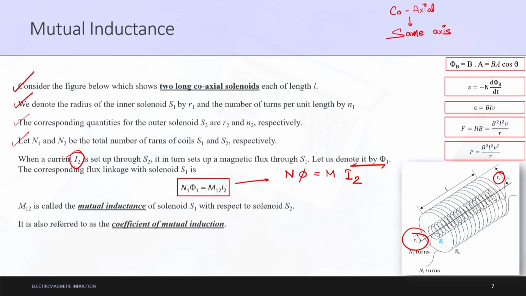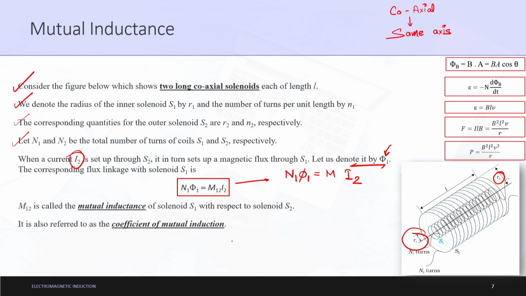We are talking about mutual inductance here. That is why anything passing through S2 has to be dealt with in S1. So, we will talk about the phi 1 value, hence phi 1. Because it is phi 1, we will talk about the flux linkage of solenoid S1 only. Therefore, the number of turns of solenoid S1 has to be taken into picture, hence it will be N1 here. Now, M is nothing but inductance.